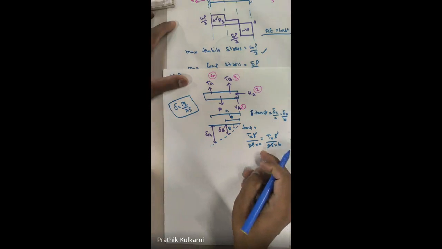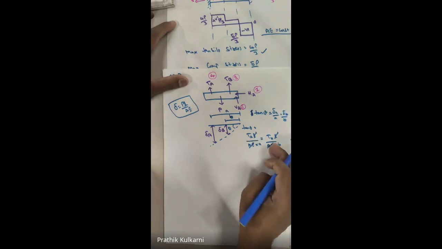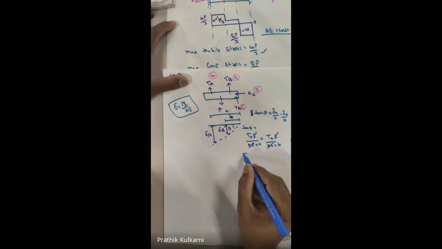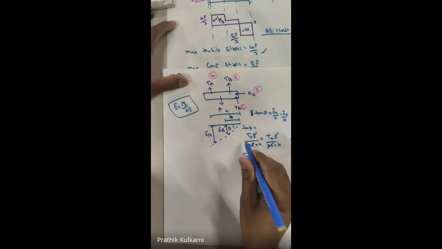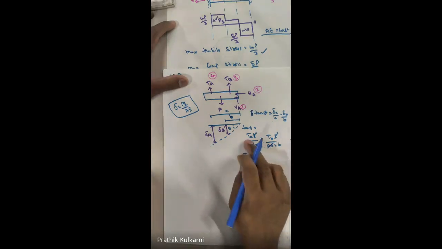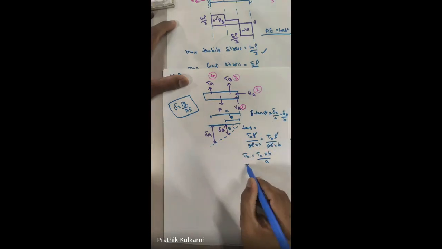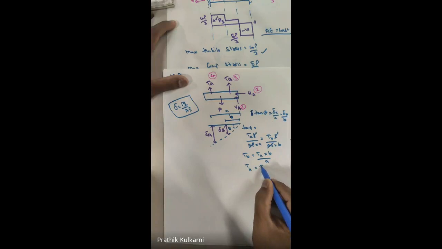So you can write TA in terms of TB or TB in terms of TA, your choice. If I write TB, it will be equal to TA into B by A, or if you write TA, it is TB into A by B.